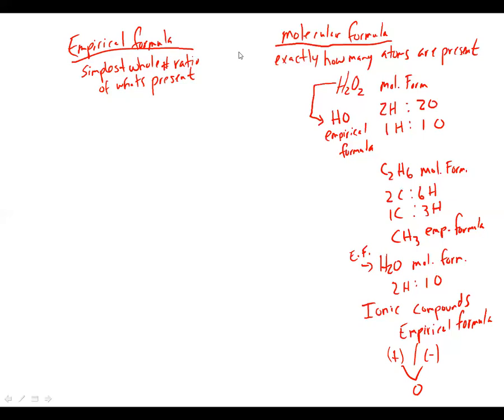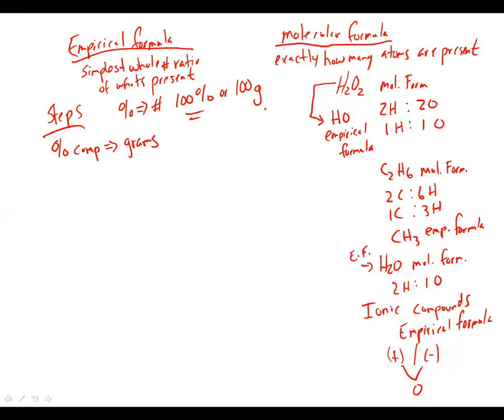Now, when we calculate the empirical formula, there's some steps to do this, and it's outlined on the next slide. If you're given the percent composition by mass, like we were just calculating, the first thing you want to do is convert those into grams. A good way to convert a percentage into a number is to assume that you have 100%, or basically 100 grams.